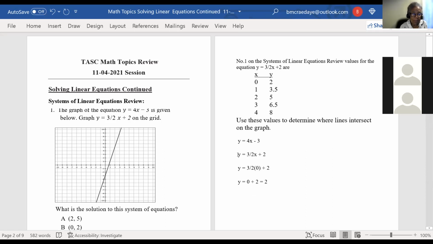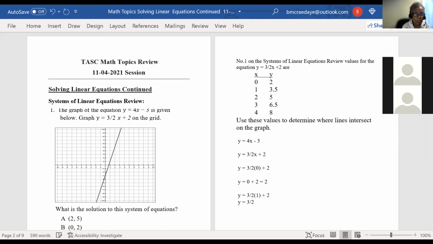If I take the same equation and substitute the value of 1 instead of x, this is times 1. So what's 3/2 times 1? It's just 3/2, right? So y equals 3/2.